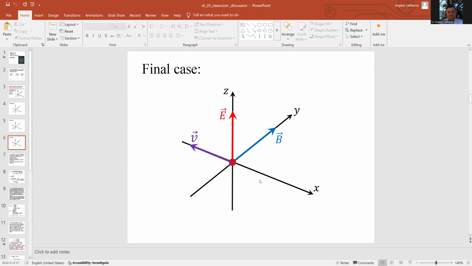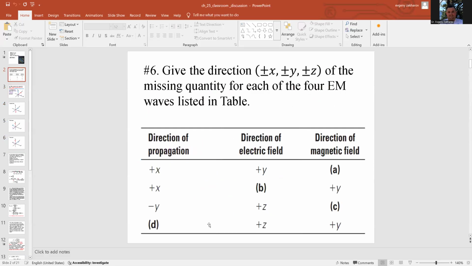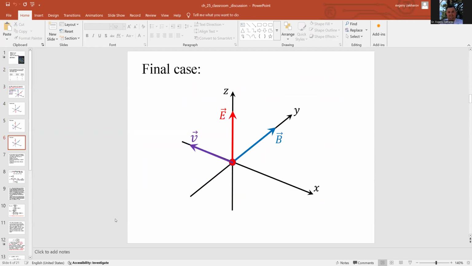Final case. You start with the positive Z direction, curl four fingers from the positive Z direction towards the positive Y direction. So which way is the thumb showing? Positive Z to start with, so upward.